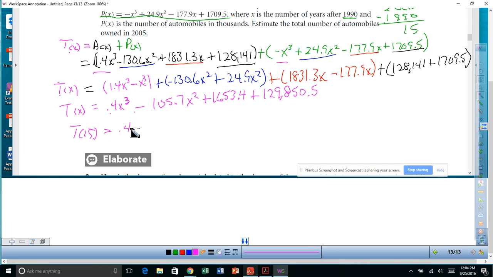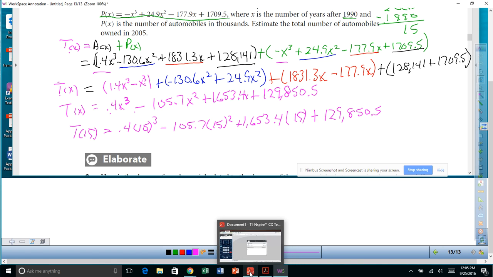So you're going to have 0.4 times 15 to the third power minus 105.7 times 15 squared plus 1,653.4 times 15 plus 129,850.5. I'm not going to try to do that in my head, so we'll put that in the calculator.